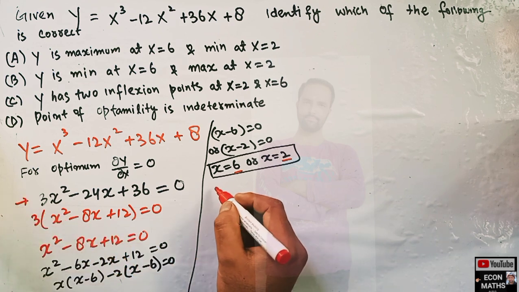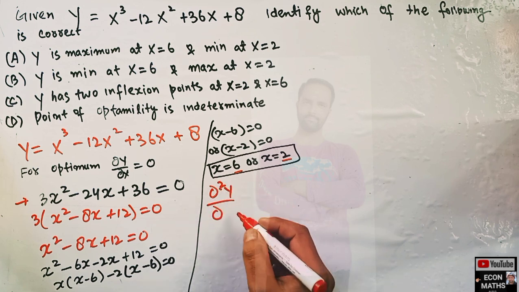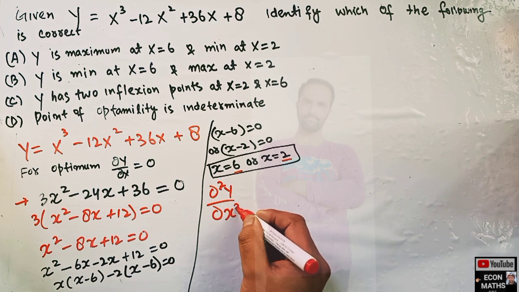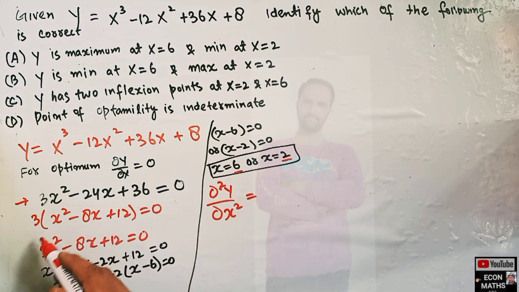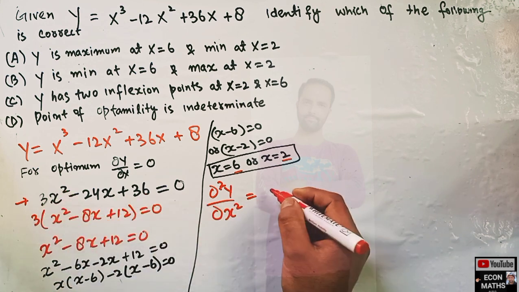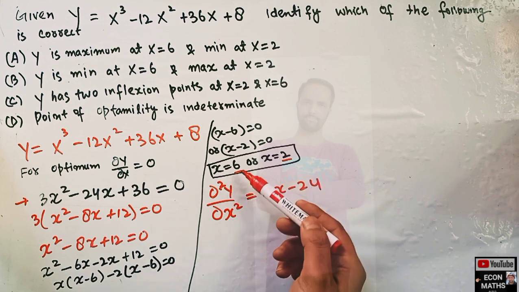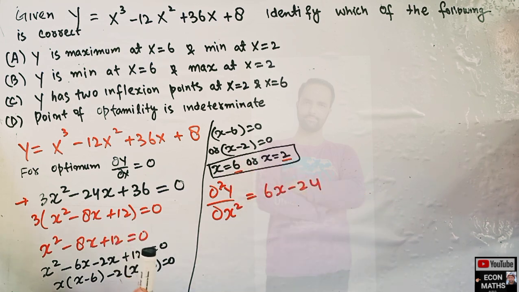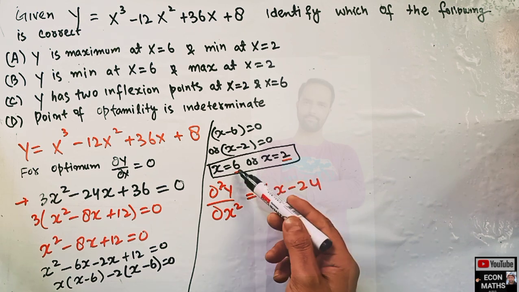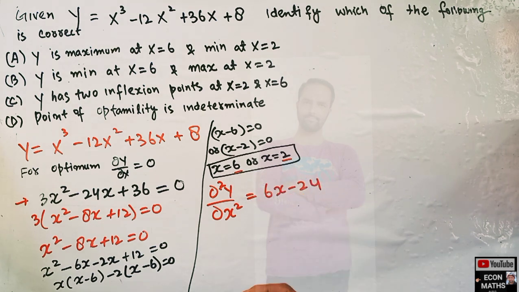Now taking the second derivative means d square y upon dx square. If we take the second derivative of this function, we will get 3 times 2, which is 6x minus 24. To find which of these two points is at maximum or minimum, we need to take the second derivative and put these points here. Put the values here and see.